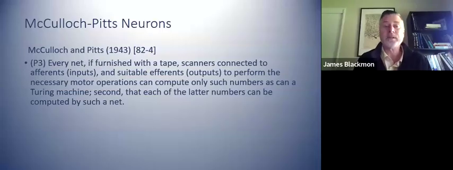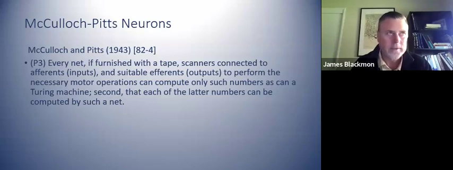We're going to discuss Turing machines, but for now, a Turing machine is an abstract conception that we use to define what can and can't be computed. Alan Turing made it up in the 1930s, and we'll discuss them later.